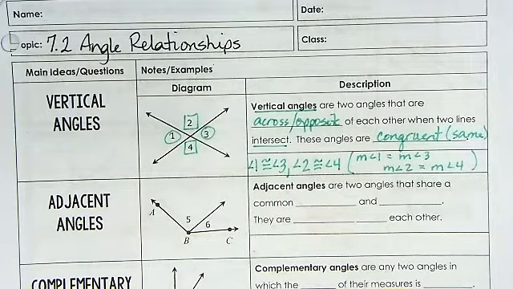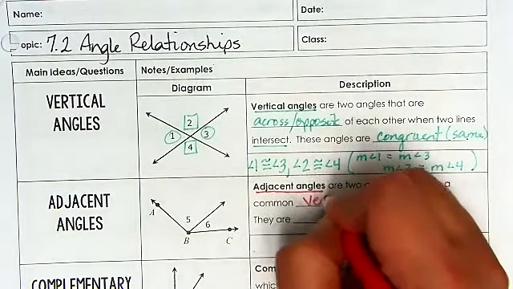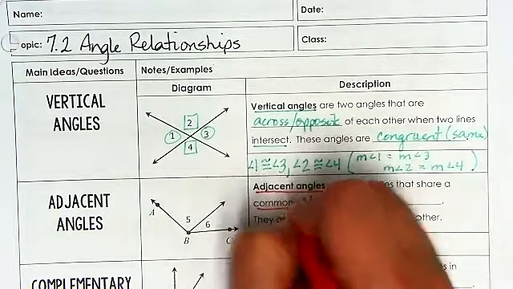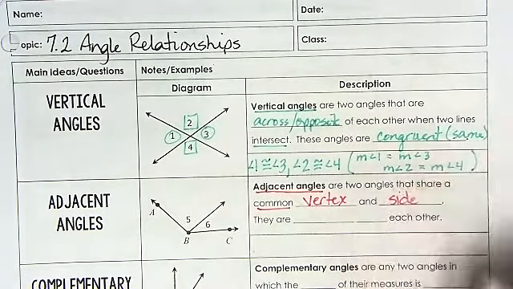All righty, talking about the next set of angles. Okay, these are called adjacent angles. These are two angles that share a common vertex and side. They are next to each other.